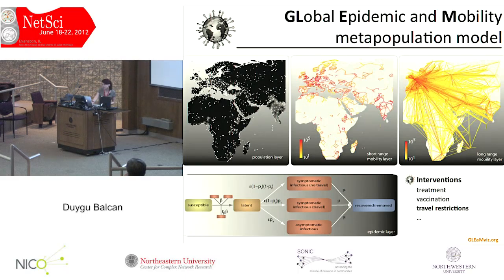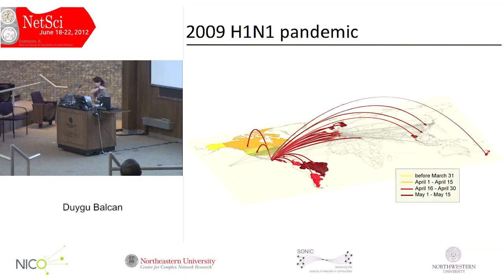I will extensively use the example of the last pandemic in 2009. The picture is quite ugly. It didn't come out very well, but towards the end of April 2009, it was internationally declared that there was an outbreak in Mexico.